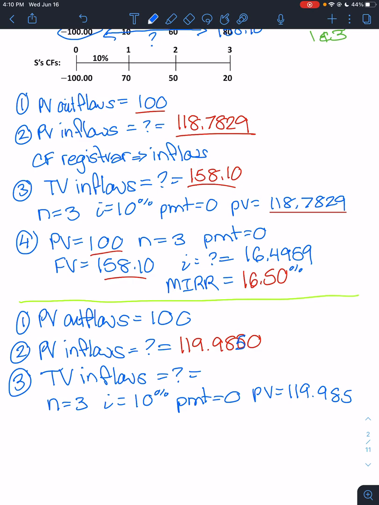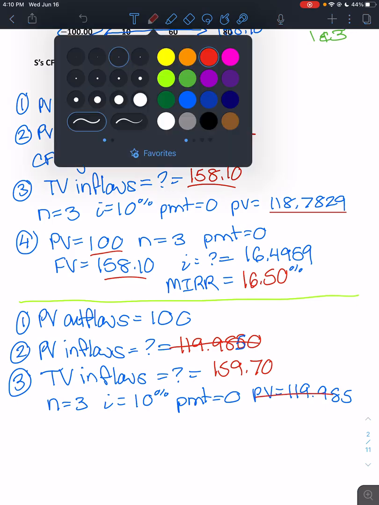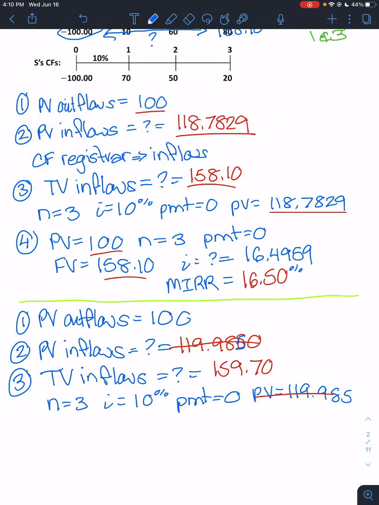So that's my present value, 0 payment, 10 I, 3 N. Compute future value, I get 159.70. So now I don't want to use that 119 again, right? That one's done. That's a good way to think about it, to make sure you're not making any silly mistakes.